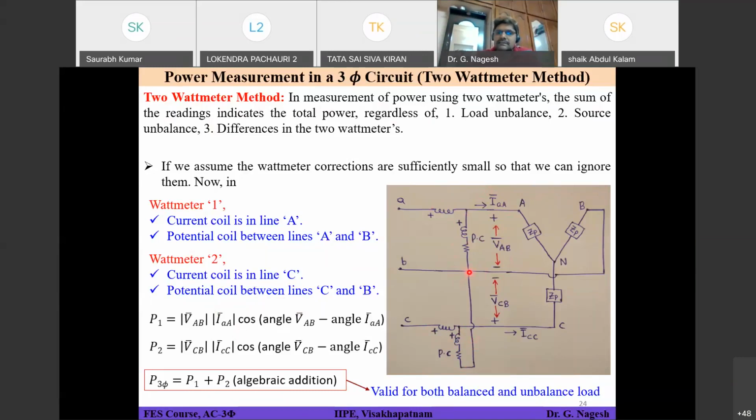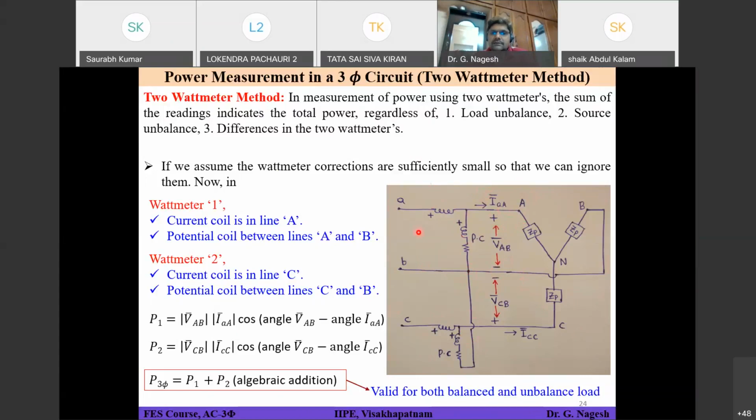Line B is considered the common point of connection, so both potential coils are connected to this common point. If you connect in this fashion, then the reading of wattmeter W1 or P1 and the reading of wattmeter W2, if you add them up, will give you the total power consumed by this load.